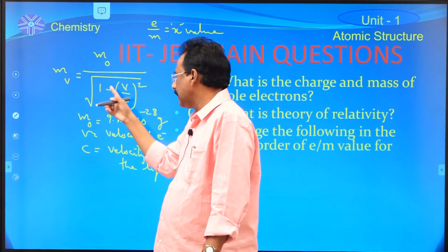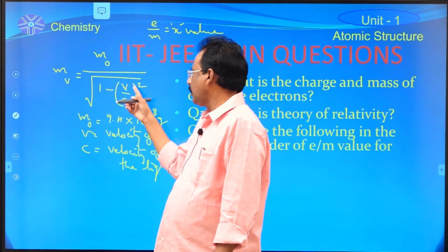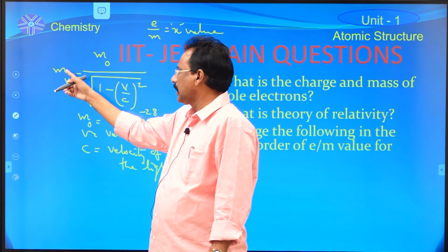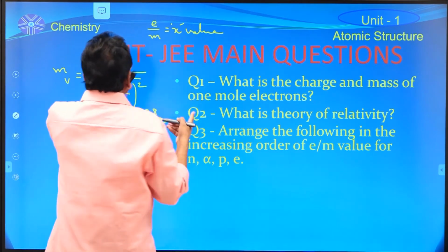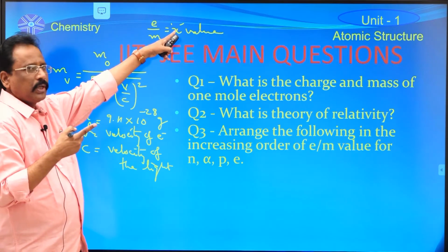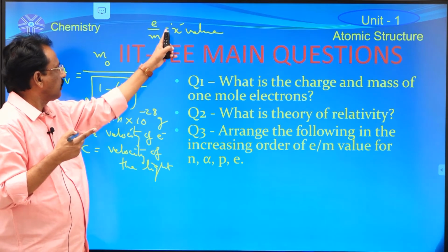These two are inversely proportional to each other. That's why when the speed of the electron increases, the mass of the electron also increases. When the mass of the electron increases, this value decreases, because the value and mass are inversely proportional to each other.